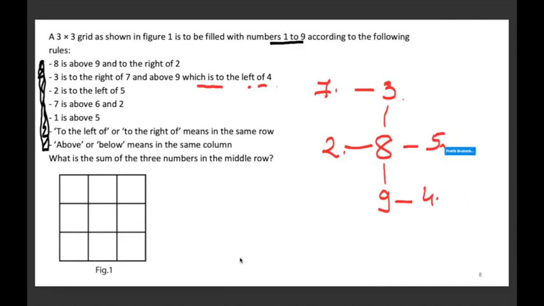So here 7 is above 6 and 2. 7 is above 6, so if this is 2, then 6 will come here. 1 is above 5, so 1 will come here.